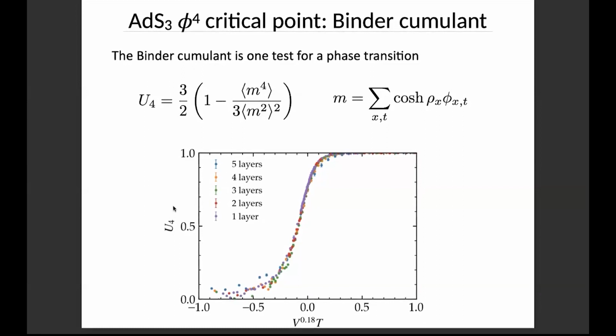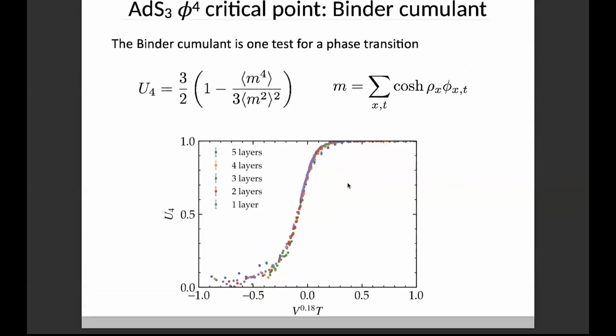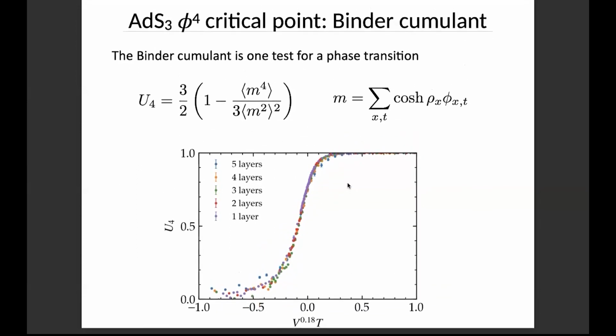Basically when U4 is 0, it's in the disordered phase, and when U4 is 1, it's in the ordered phase. So this step-like transition from 0 to 1 indicates a second order phase transition. And clearly, if you just look at the data, there is a very well-defined step function in the Binder cumulant.